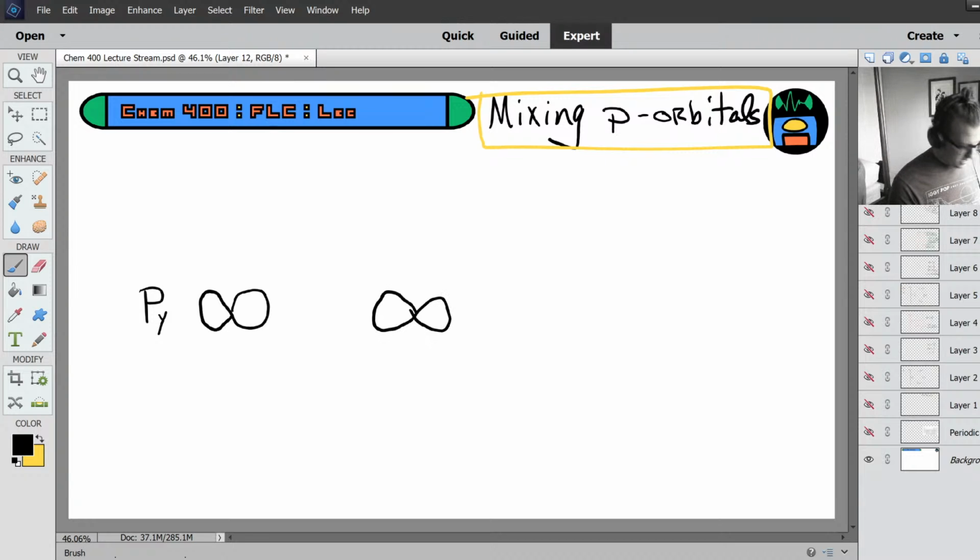I still think I can do better, but that's about as good as it's going to get. py can engage in direct orbital overlap just like your s orbitals can. So when you mix py, there are two ways you can mix them. It can mix in phase and out of phase.